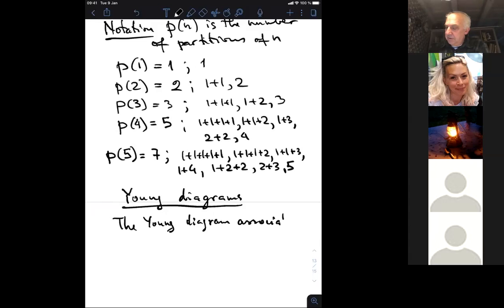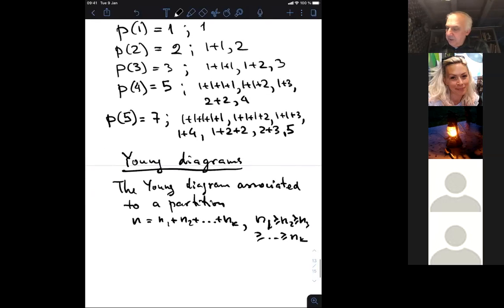For example, the Young diagram associated to a partition n equals n1 plus n2 plus and so on plus nk, with the condition n1 bigger or equal than n2, bigger or equal than n3, and so on, bigger or equal than nk.